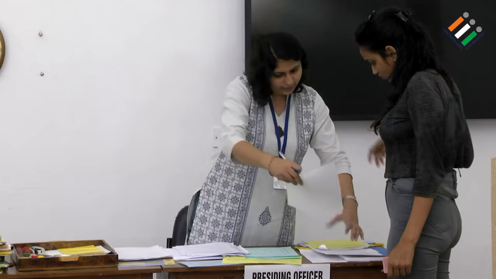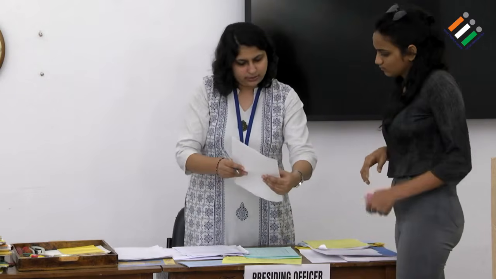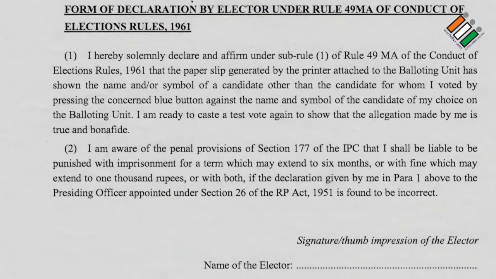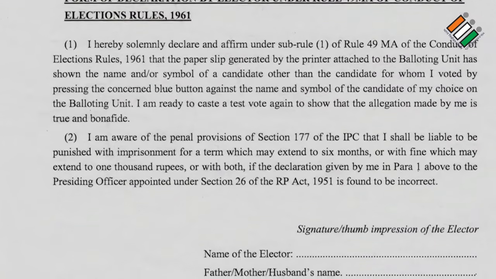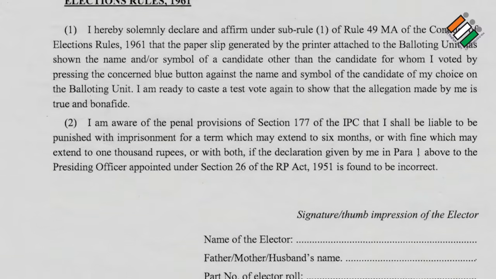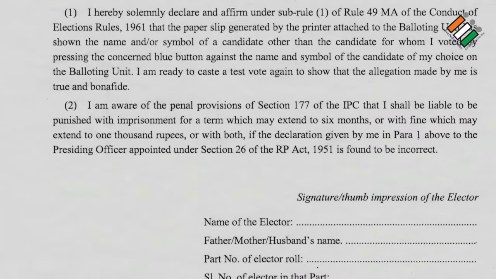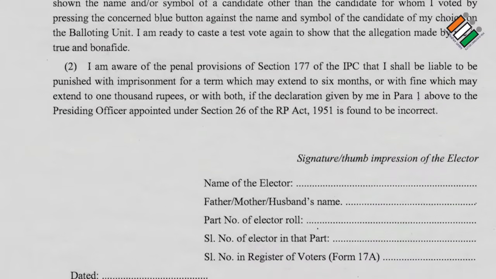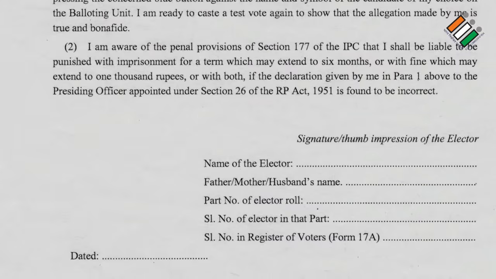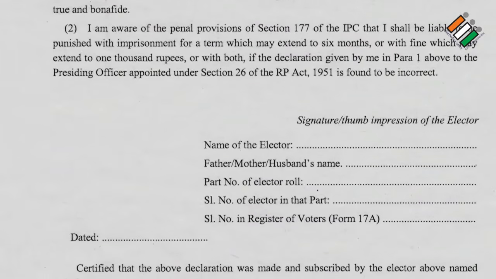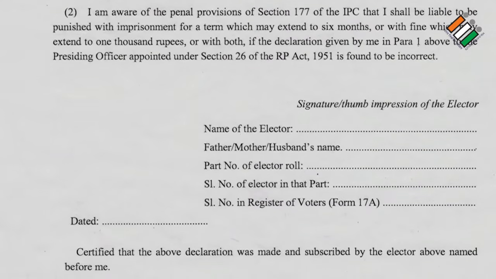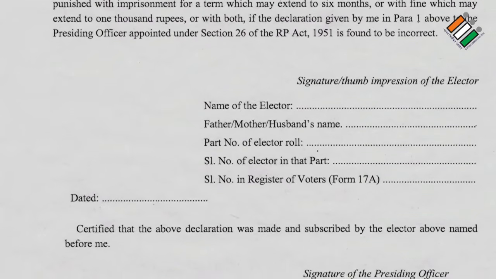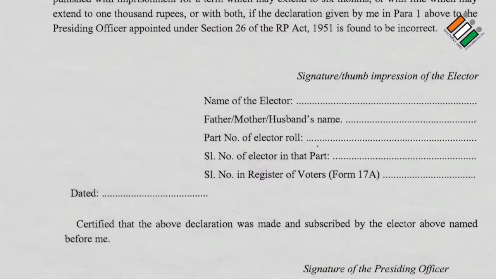I will read out the declaration, especially this: that I am aware of the penal provisions of Section 177 of the Indian Penal Code, that I shall be liable to be punished with imprisonment for a term which may extend to 6 months, or with fine which may extend to 1000 rupees, or with both, if the declaration given by me in para 1 to the presiding officer appointed under Section 26 of the Representation of the People Act 1951 is found to be incorrect.